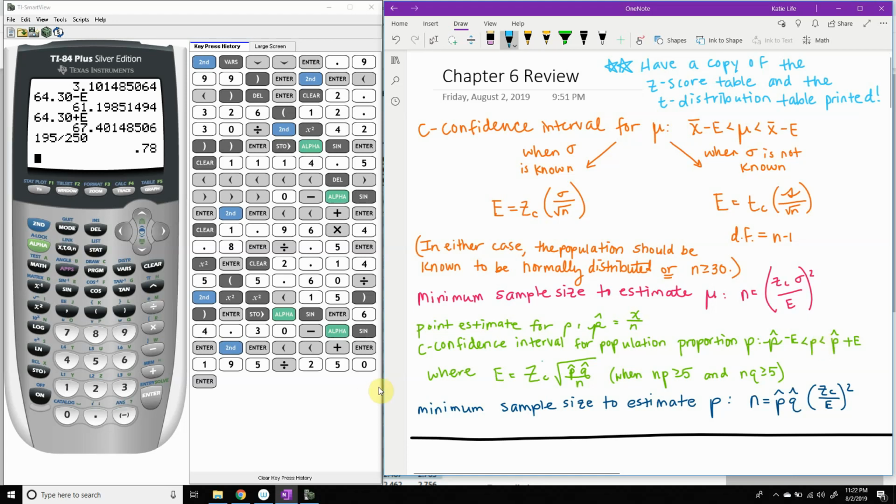I'm using critical z values, and I'm multiplying it by a square root of the ratio p hat times q hat over n. Okay, so this is going to be the error formula that I want to use in this problem because I'm trying to estimate a population proportion using my point estimate p hat. So we're going to do z sub c times this square root of the ratio p hat and q hat over n.